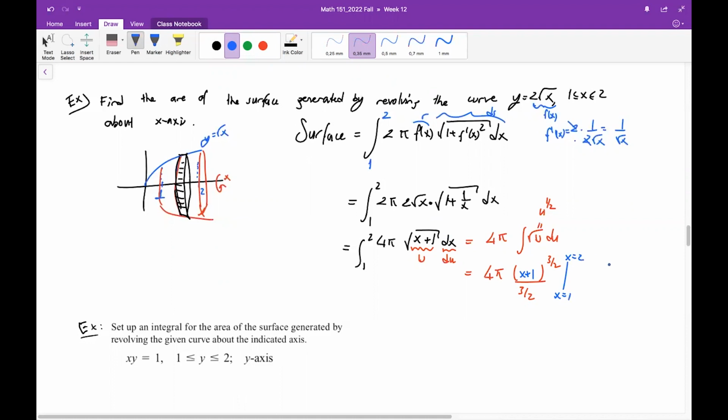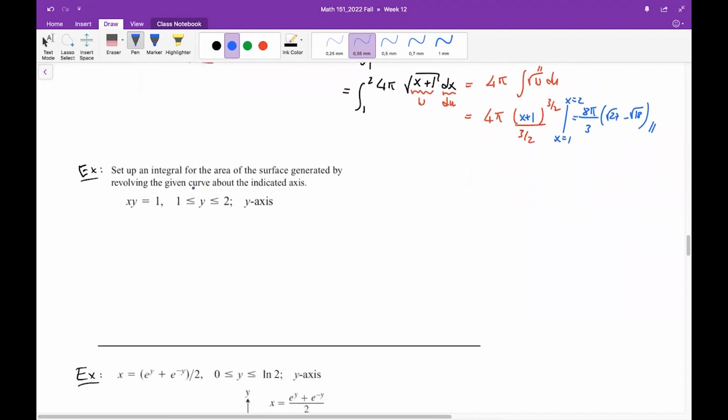Okay, so the result will be 8 pi over 3 times the square root of this number minus the square root of 18, I guess. So this real number, which is a positive real number, is in fact the area of the surface of revolution of this type.